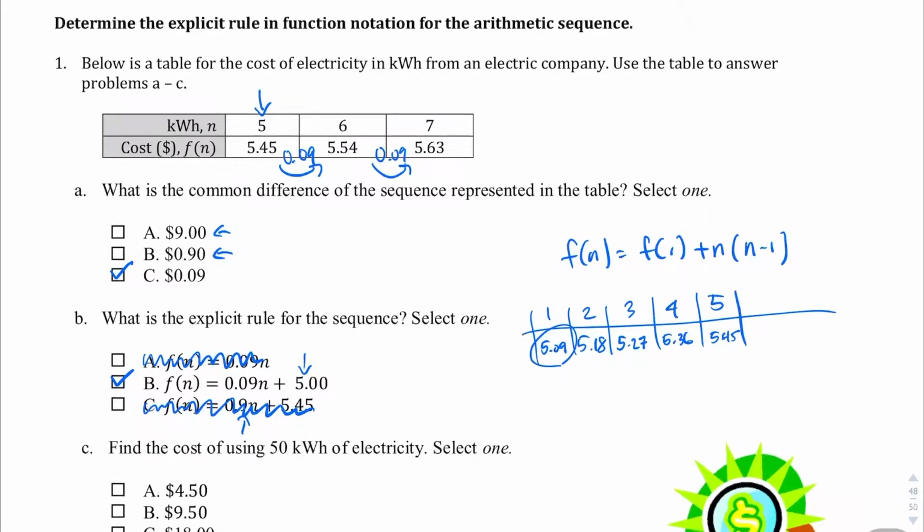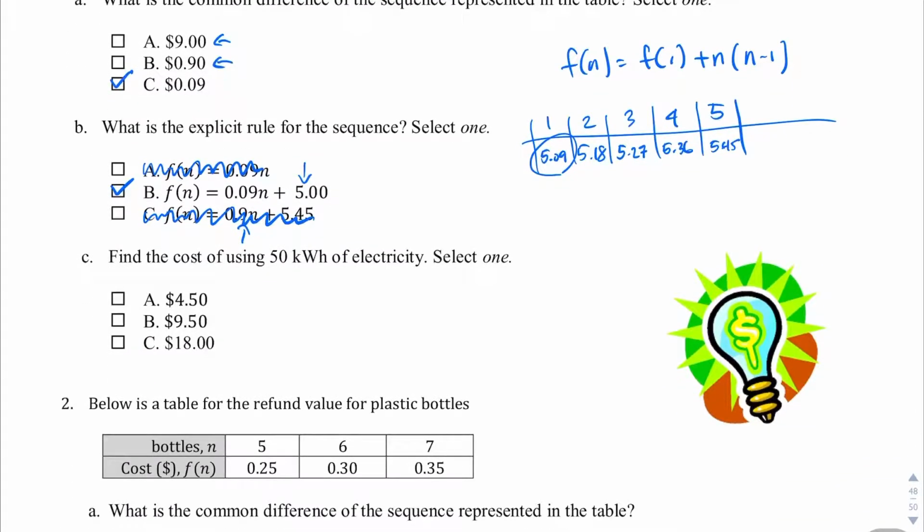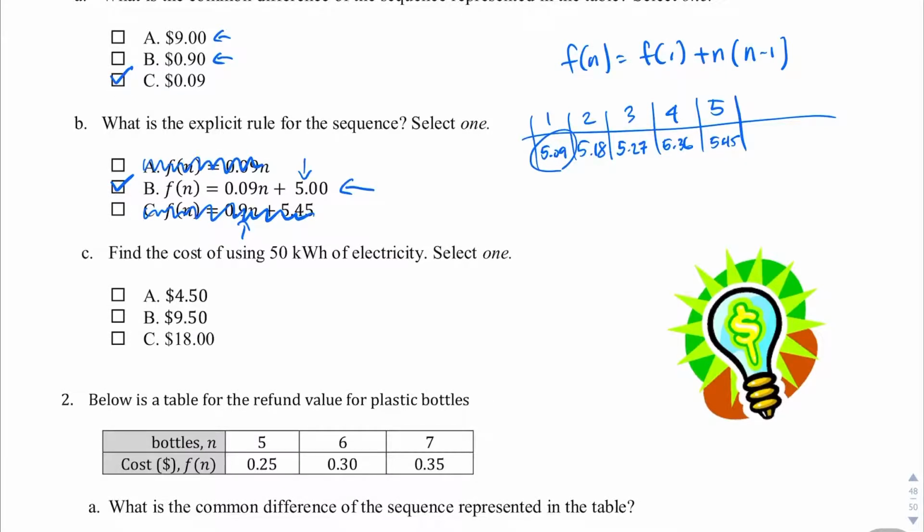Moving on, let's see. Choice C. Let's find the cost of using 50 kilowatts of electricity based on that equation right there. Even though that's the wrong equation, let's continue on with it. f of n is equal to 0.09 times n, and we're trying to find f of 50, plus 5.